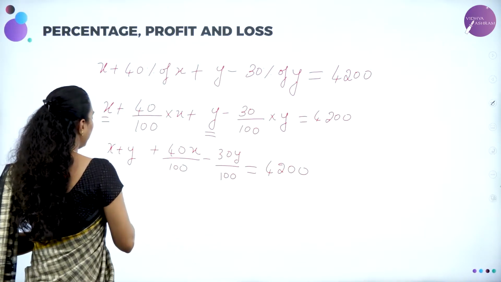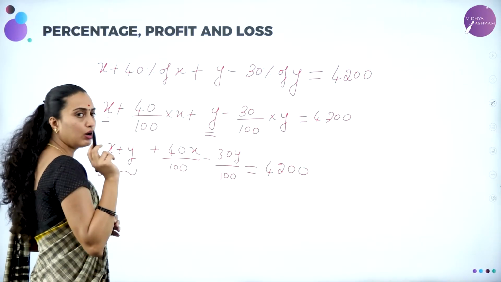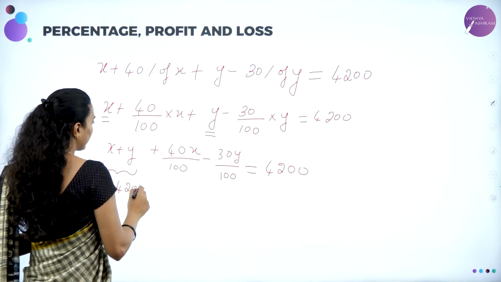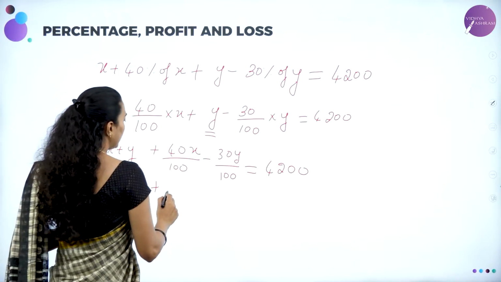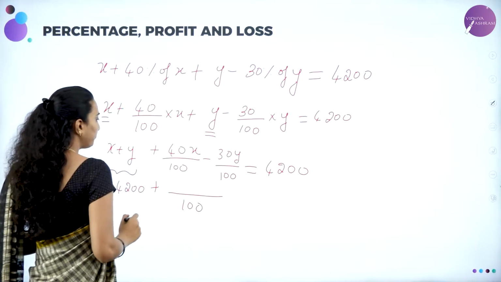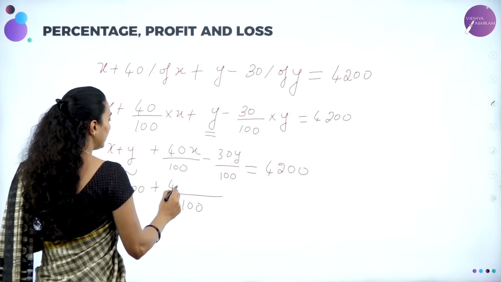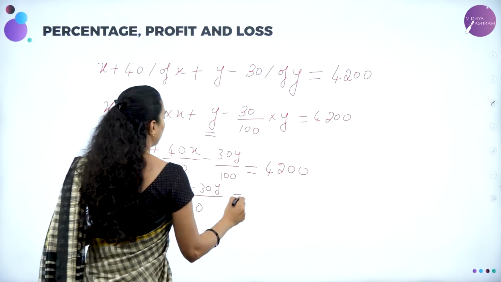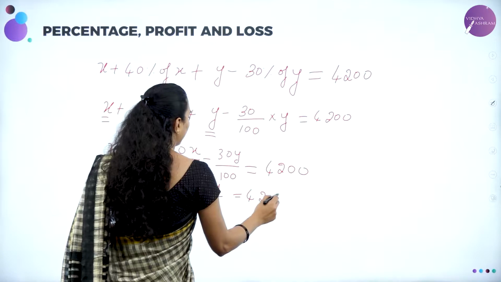Now you know already X plus Y is given by 4,200. So 4,200 plus, you can take the LCM here, which is nothing but 100, which will become 40X minus 30Y is equals to 4,200.